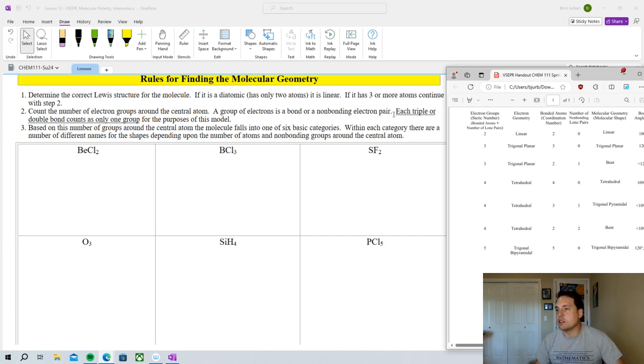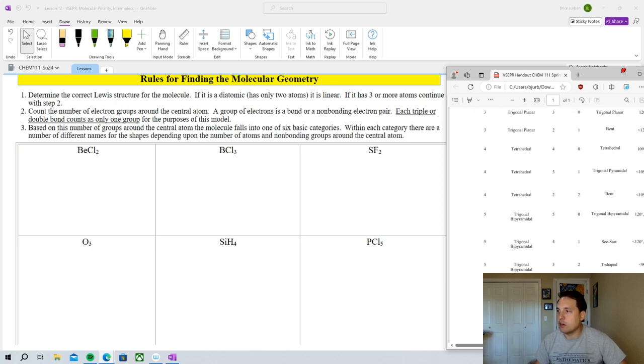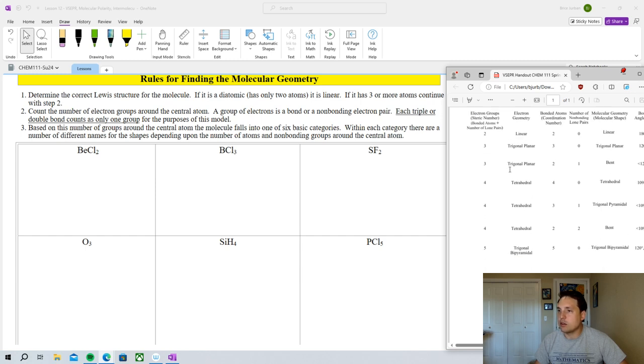One important note here is that triple bonds and double bonds always count as one group for the purposes of this VSEPR theory. That's why you'll see that I arrange this as bonded atoms rather than as number of bonds. Based on the number of groups around the central atom, it'll fall into one of these 6 basic categories. And then within each of these categories, there are a number of different names for the shapes, depending on how many of those atoms and lone pairs there are.